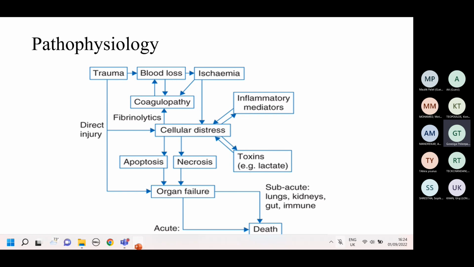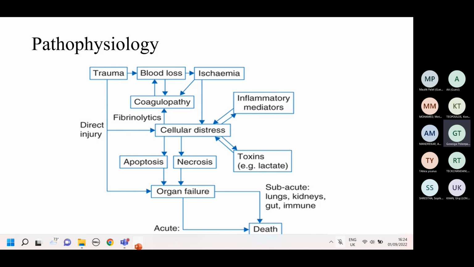When you get a direct injury such as a surgical incision or surgical handling, you get cellular injury, then cellular distress that releases inflammatory mediators and toxins, which activates the fibrinolytic pathway and leads to coagulopathy. Cellular distress also causes apoptosis or necrosis, ultimately leading to organ dysfunction. Direct trauma and vessel damage cause blood loss, which leads to ischemia of the cells, which also leads to coagulopathy.